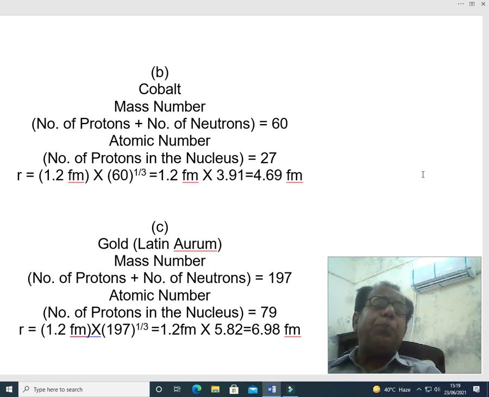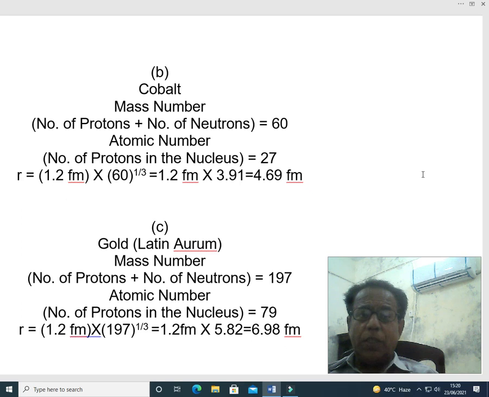R equal to 1.2 femtometer into 60, which is the mass number A, raised to the power 1 by 3, that is cube root of 60. This alternatively becomes equal to 1.2 femtometer into 3.91. What is this 3.91? This is the value of cube root of 60, that is 60 raised to power 1 by 3.